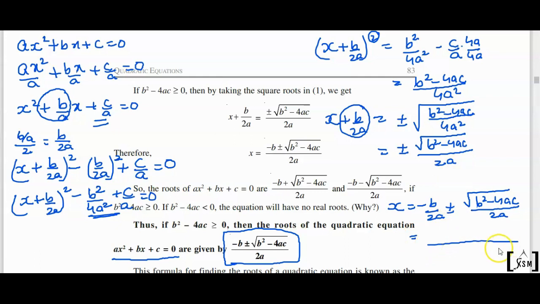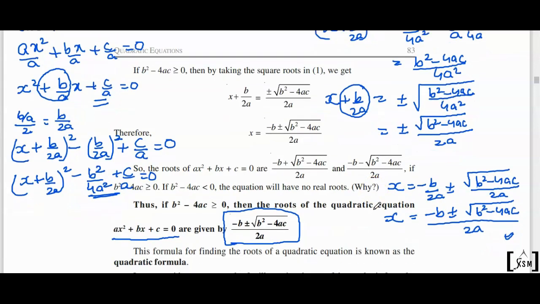So we get 2a as the denominator, and this is minus b plus minus square root of b square minus 4ac. So guys, this is what the formula is, and we actually get it from the method of completing the square, right? So let's move on with the concepts further.